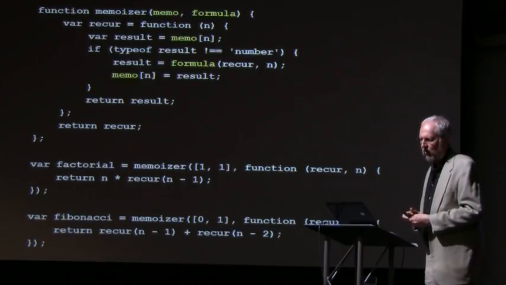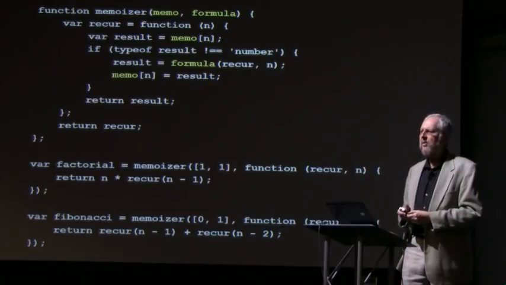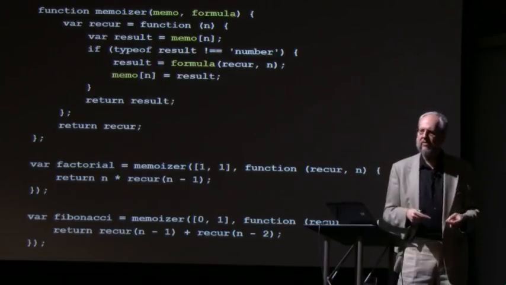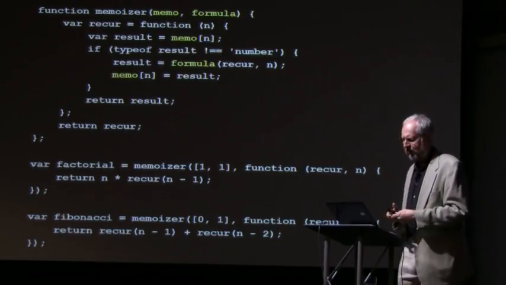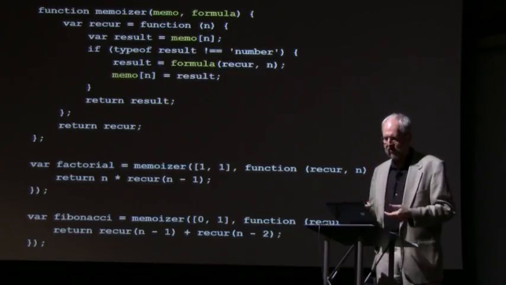Here's another thing we can do. I want to have a memoizer which will remember the result of previous callings of a function, particularly of recursive functions, so that we can avoid doing some work.